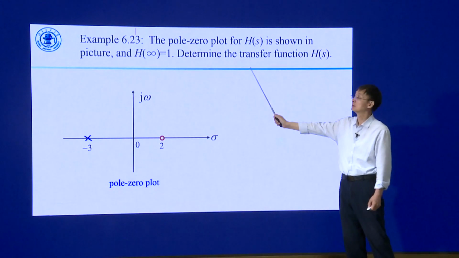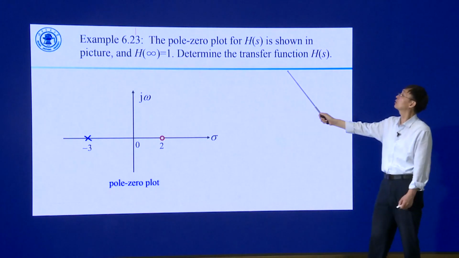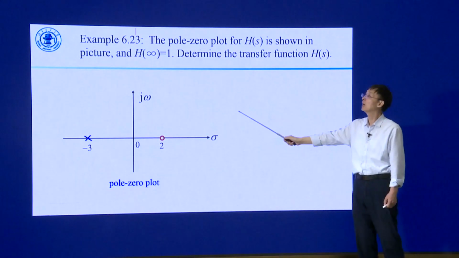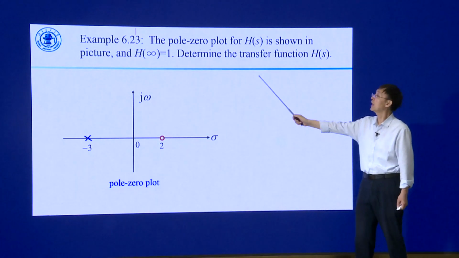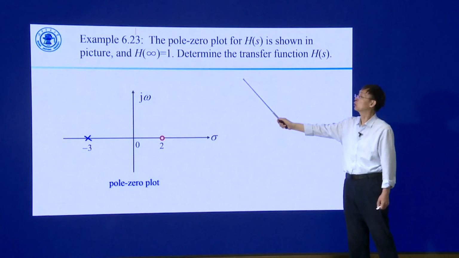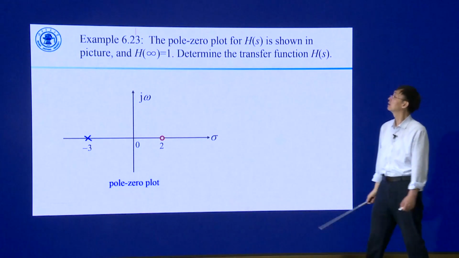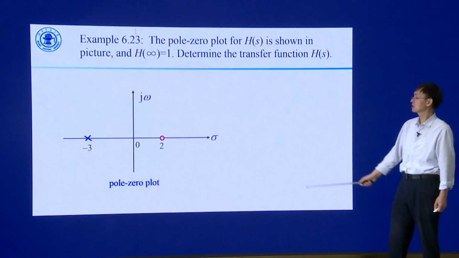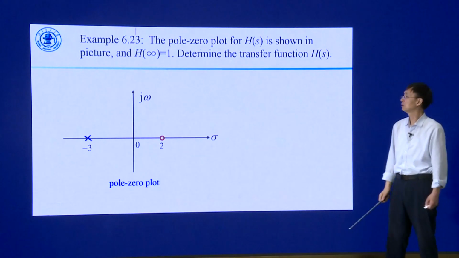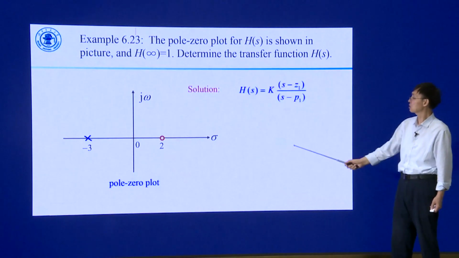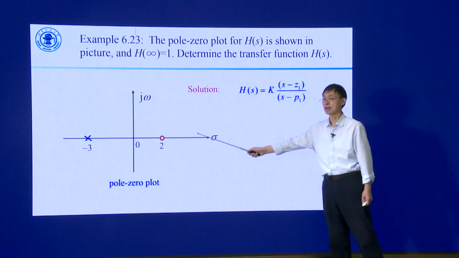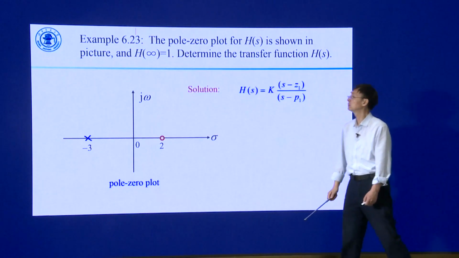For example, the pole-zero plot for H(s) is shown in this picture, and we know H(infinity) equals 1. Find the transfer function for this pole-zero plot. From the picture, we can find there is 1 pole and 1 zero.